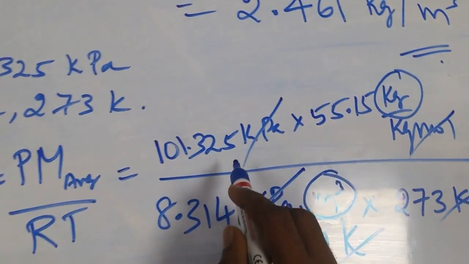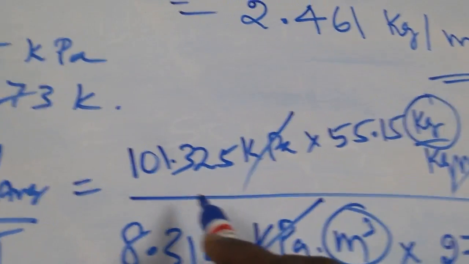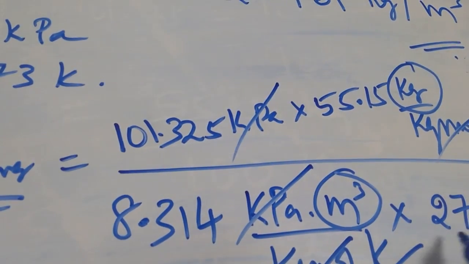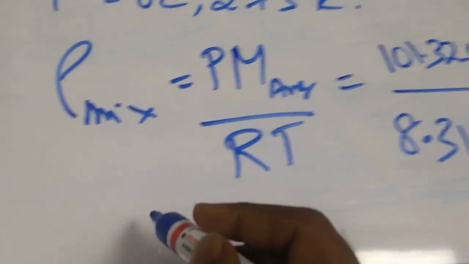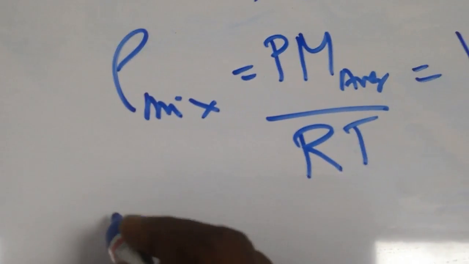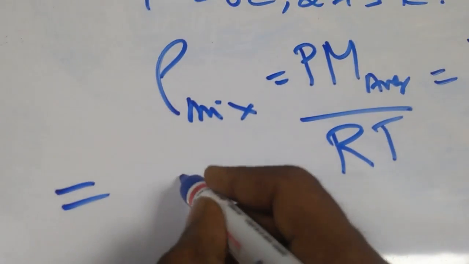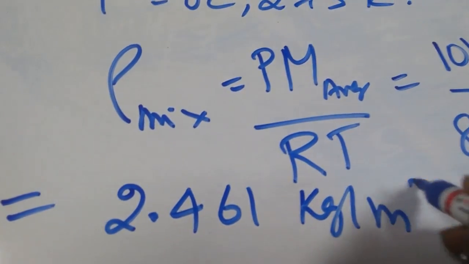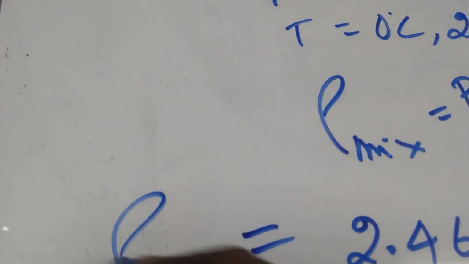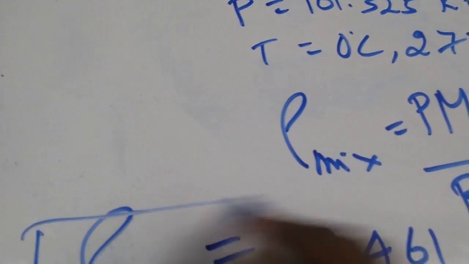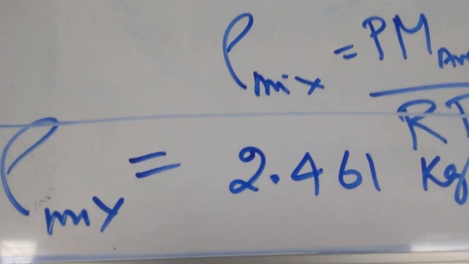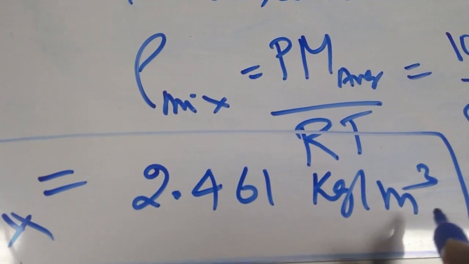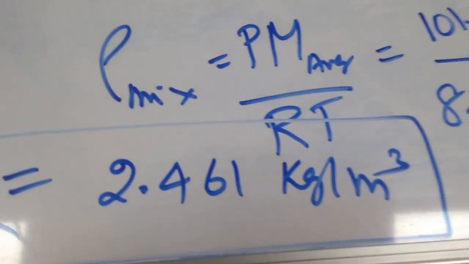So please use your calculator to get the value. 101.325 into 55.15 divided by 8.314 divided by 273 is equal to 2.461 kg per meter cube. The density of the mixture is 2.461 kg per meter cube.